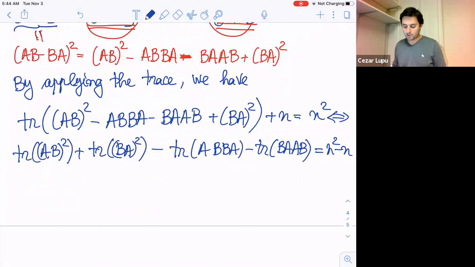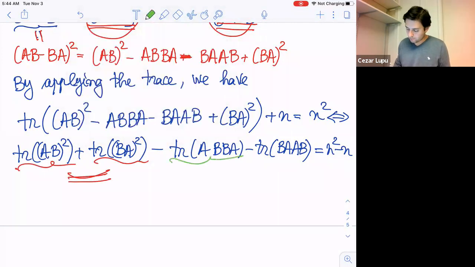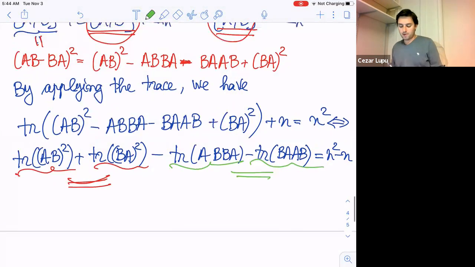Now these two guys here and these guys are the same, so they're equal. And this guy here and this guy, they're also equal as well, right?